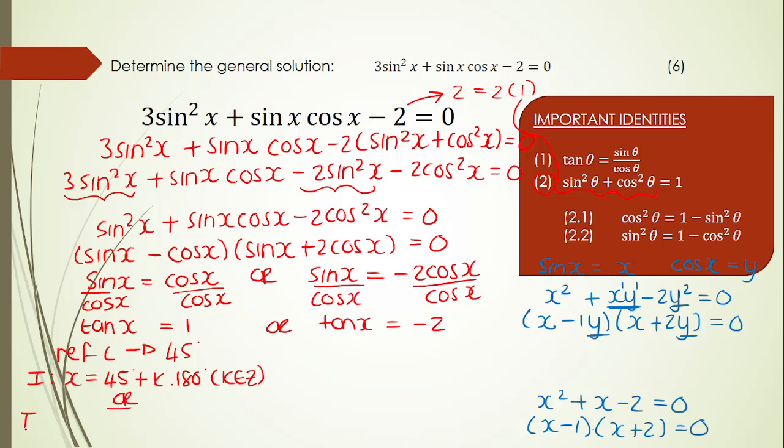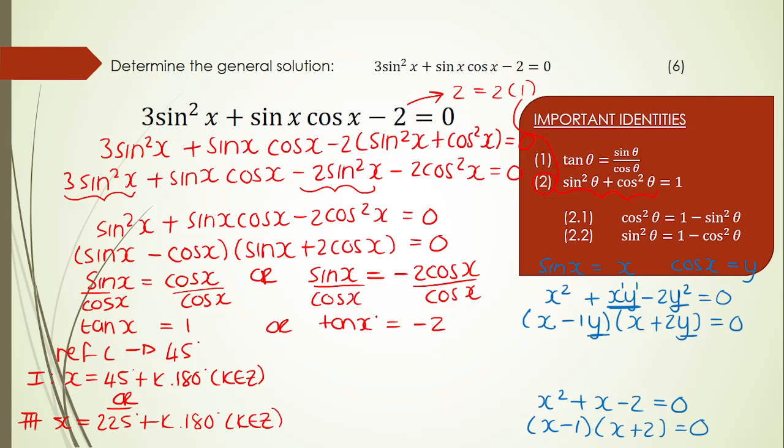Or we're going to be in quadrant 3, which is just going to be 180 plus 45, 225 plus k, 180, k's. Great stuff. Let's look on this side.